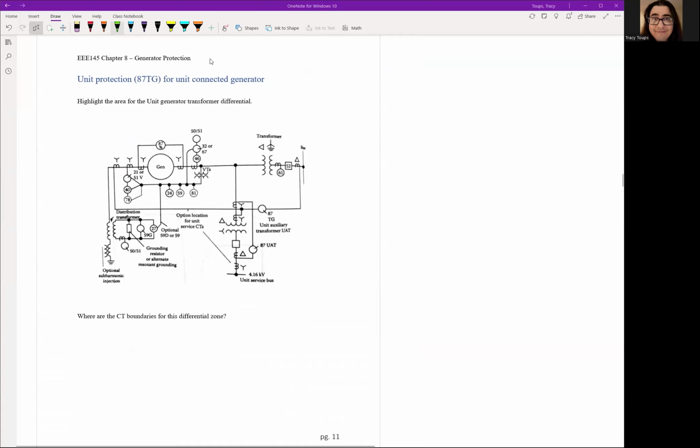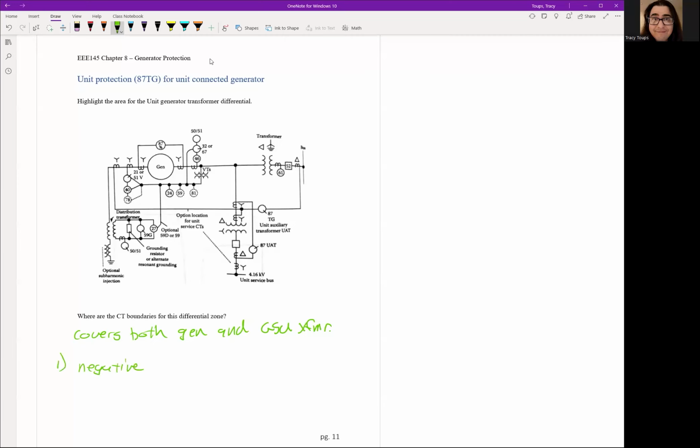So here, this covers both the generator and the GSU transformer. So where are the CT boundaries? Well, because they're coming in generators, one boundary will be the negative terminal of the generator.